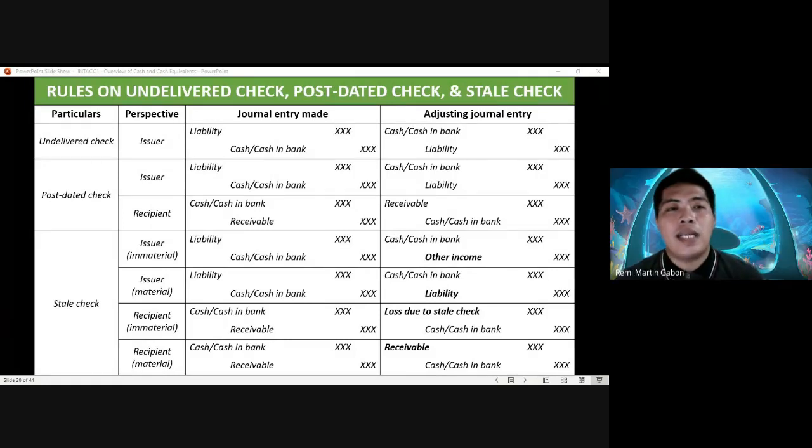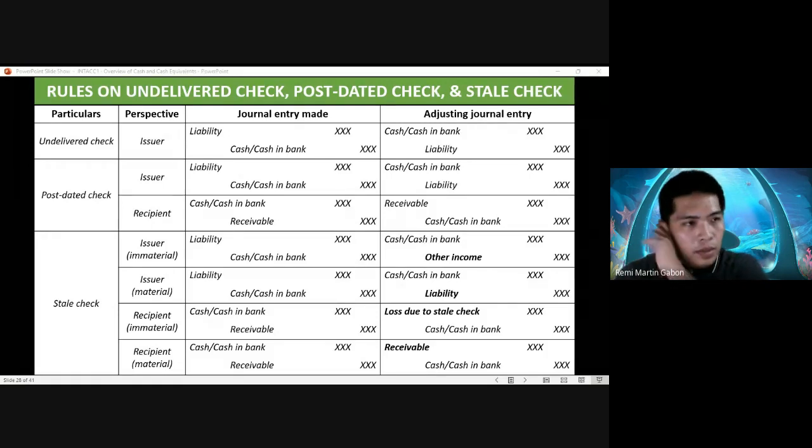So as an overview na lang, the materiality principle depends on professional judgment. In practice, it is part of the management policy to set what amount is material or not. Ano ibig sabihin ng material or not? Kung magkano yung amount na pwede nating i-disregard na hindi maapektuhan yung FS.